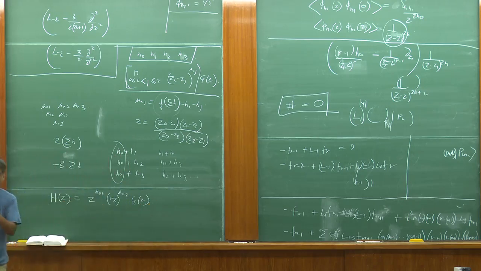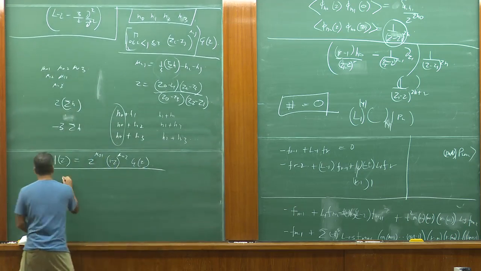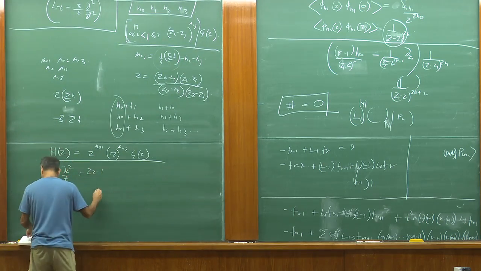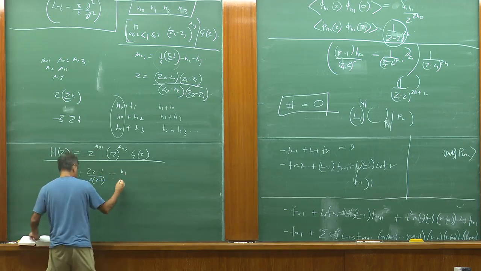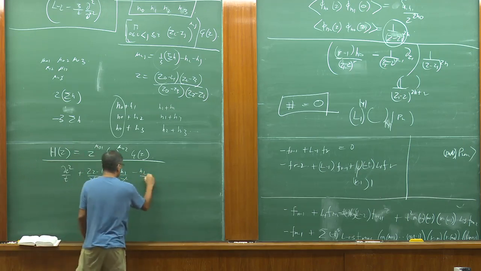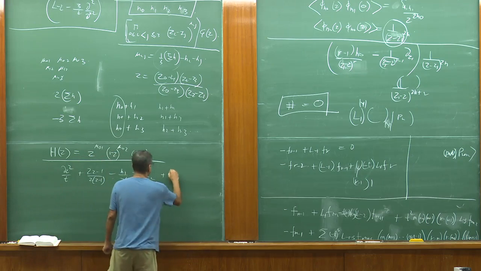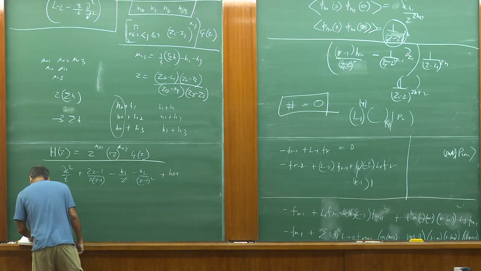So define this function, the unknown function with a different prefactor chosen, and that function satisfies the differential equation: del z squared plus (2z minus 1)/(z(z minus 1)) minus h1/z squared minus h2/(z minus 1) squared, plus h0 plus h1 plus h2 minus h3.